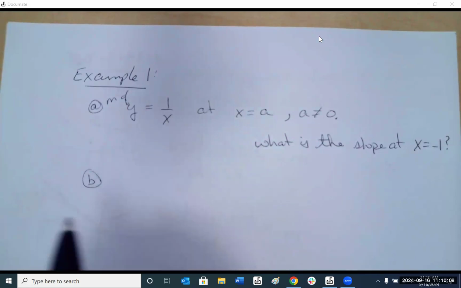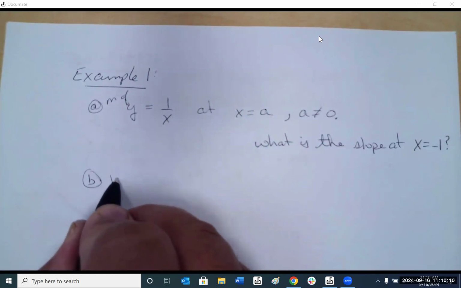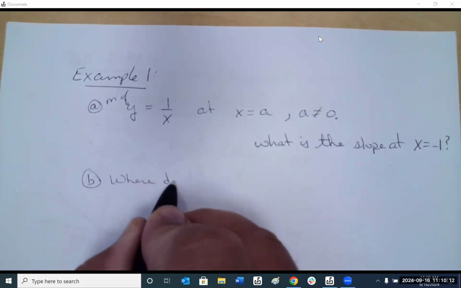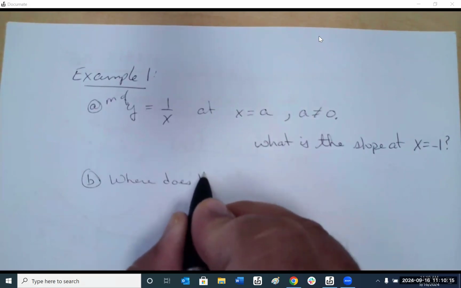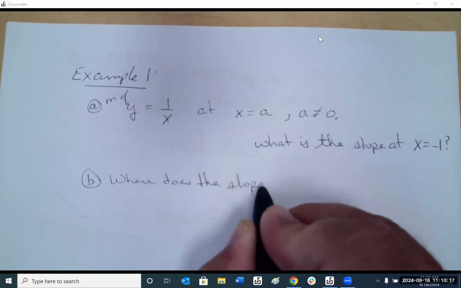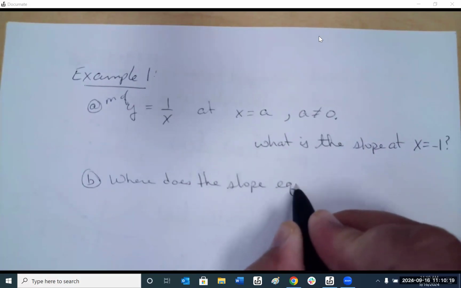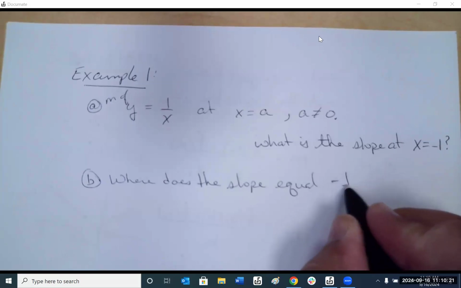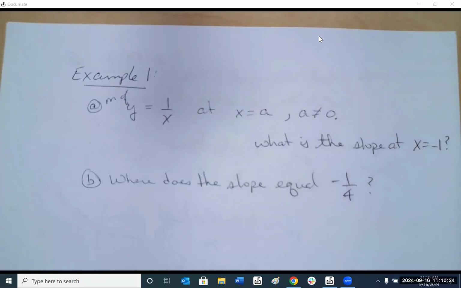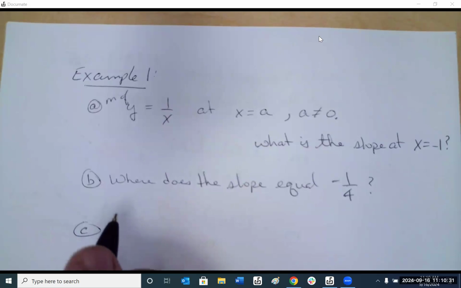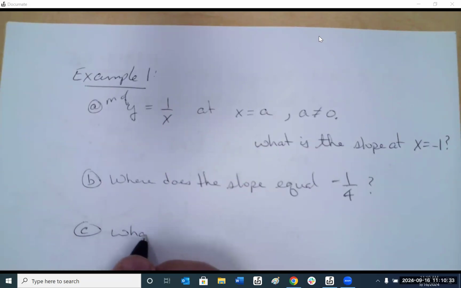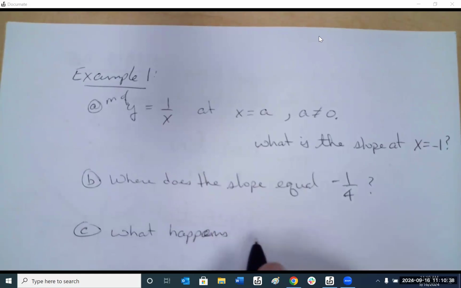Then we look at where does the slope equal -1/4? And finally, what happens to the tangent line to the curve at the point 1 over a as a changes?